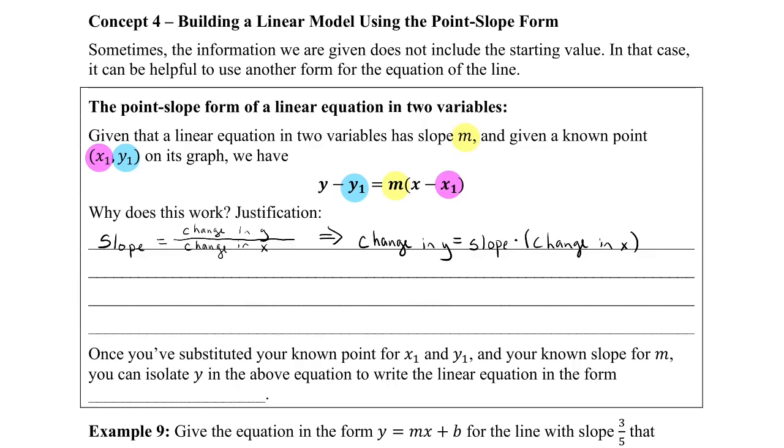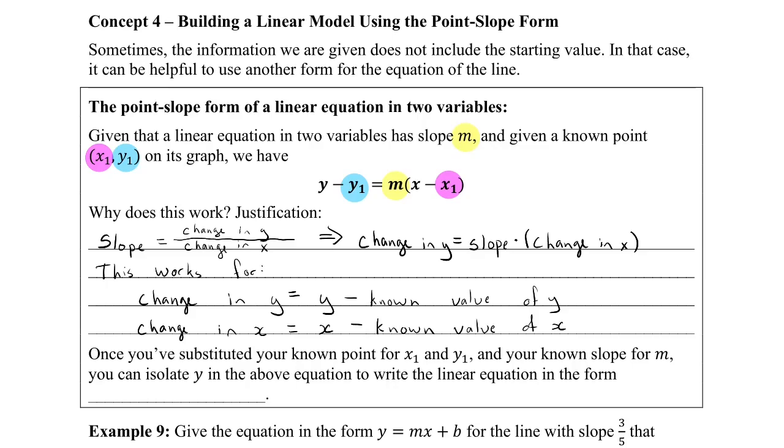We know that the slope in a linear model is the same for any pair. So this works for thinking that the change in y is any arbitrary value of y minus the known value of y. And the change in x is similarly any arbitrary x minus our known value of x.